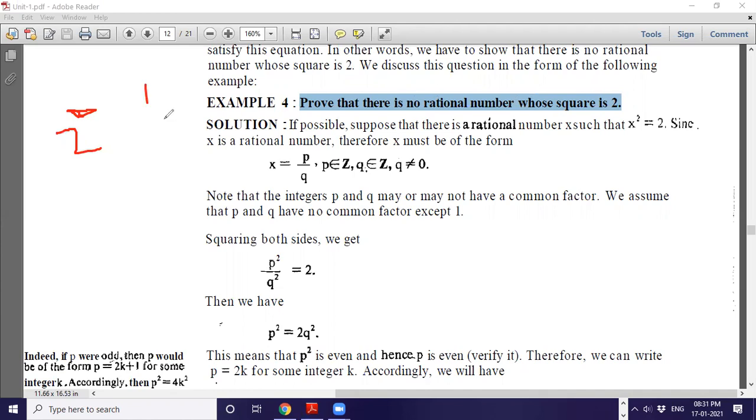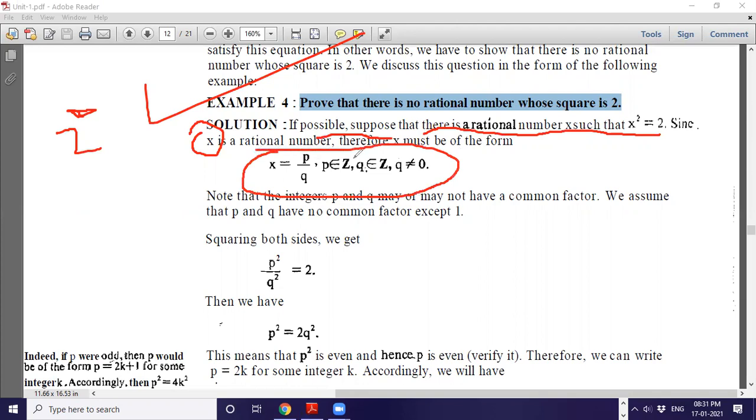Right. Now, if possible, suppose, as I said, that first I will assume that this rational number has its square equal to 2. So if possible, suppose that there is a rational number x such that x square is equal to 2. Now, since this x is a rational number, we can express x as p by q, right?